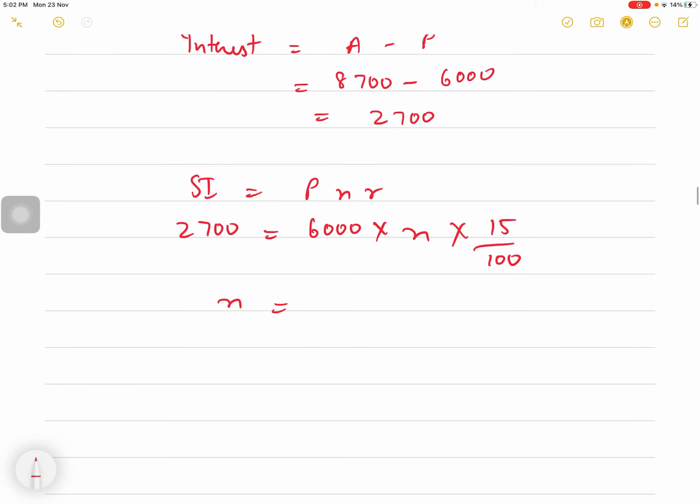So N is equal to 2,700 multiplied by 100 divided by 6,000 into 15. So please calculate this.